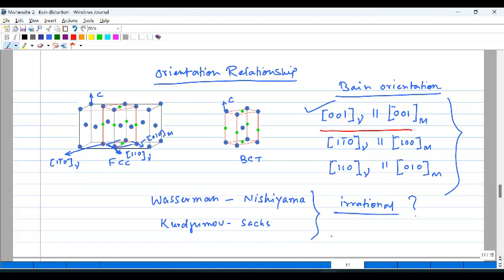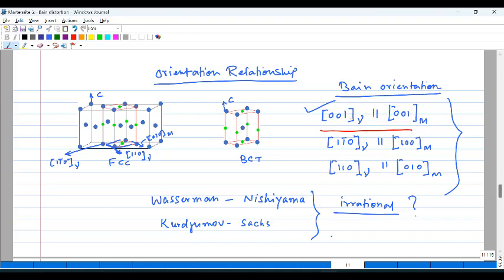That rotation will be reflected in these orientation relationships, and they will change to something that comes up as irrational. If you add those small rotations here, these indices will change and come out as irrational numbers. And that is why when you experimentally observe it, you find these orientation relations to be irrational.